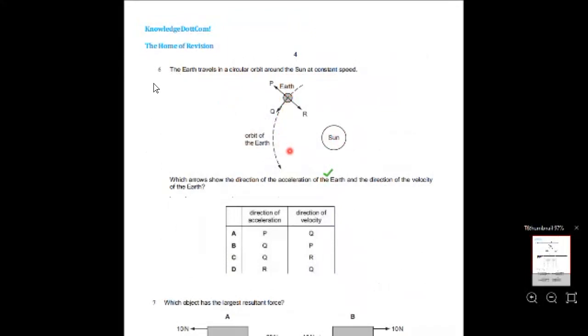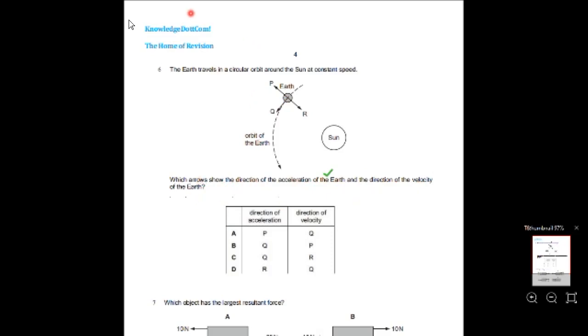Earth is actually orbiting around the sun in a circular path like this, and this motion is called centripetal circular motion, and the force which is responsible for this motion is called centripetal force. Which arrows show the direction of acceleration of the earth and direction of the velocity of the earth?